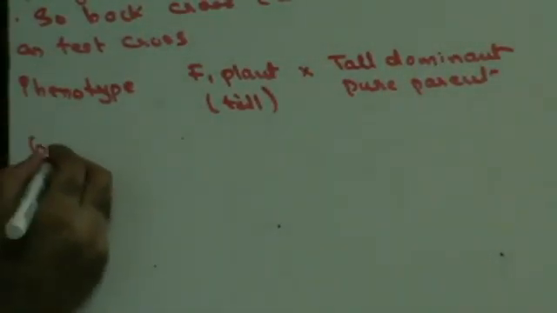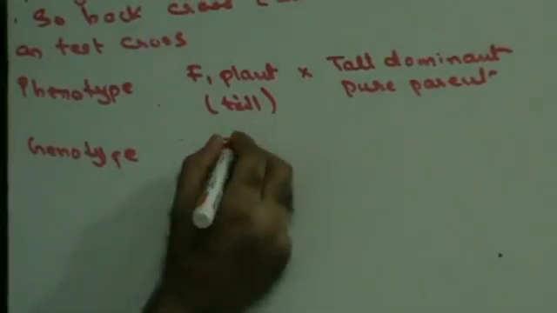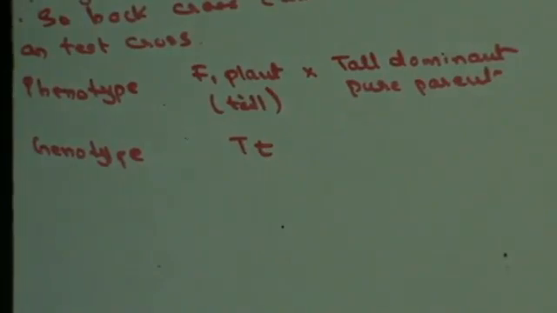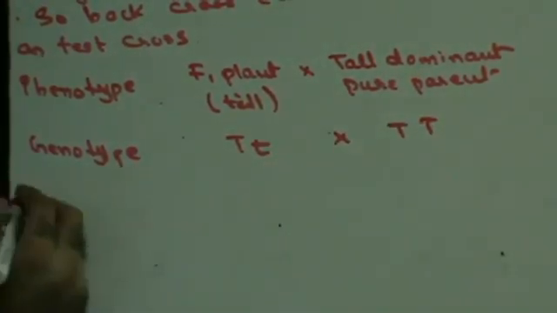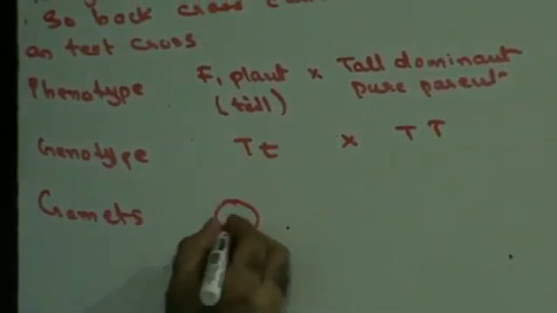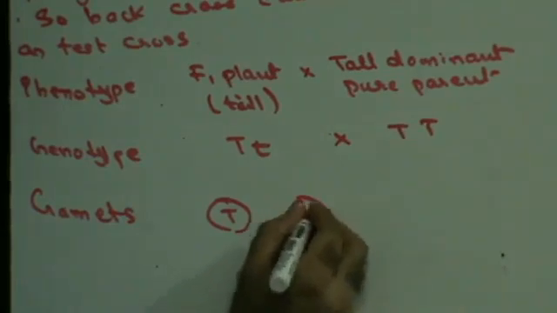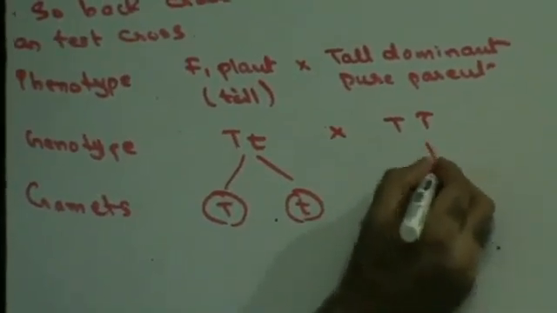The genotype: this is hybrid tall, therefore this will be Tt. This is pure tall, therefore this will be TT. Gametes. This will give you two different types of gamete, T or small t. This will give you only one type of gamete, that is capital T.